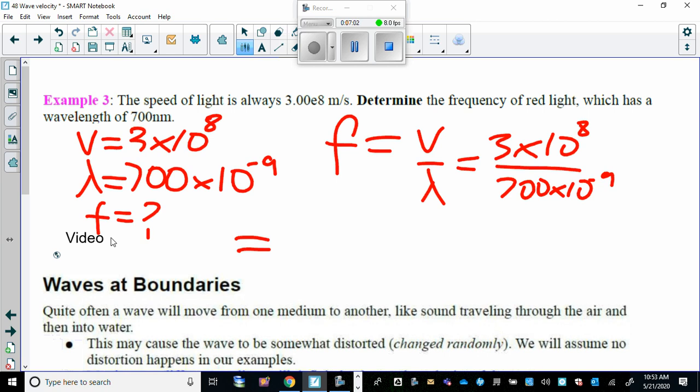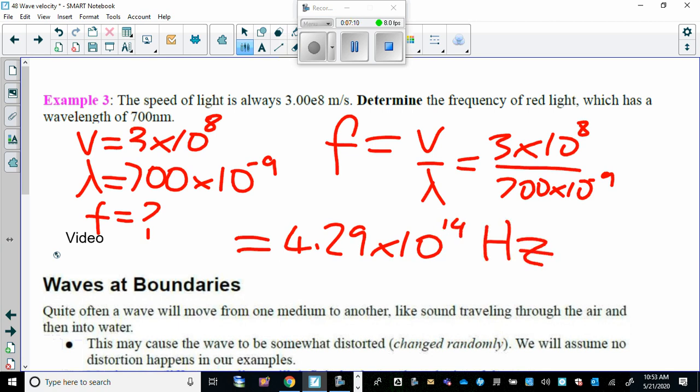And you end up getting this incredible answer: 4.29 times 10 to the 14th hertz. So that is actually the frequency of red light. Just try to imagine that number for a second. That is that many cycles.